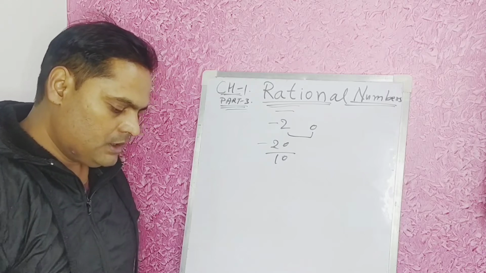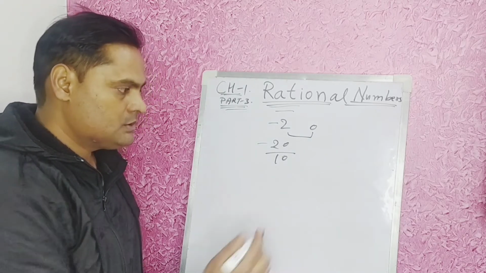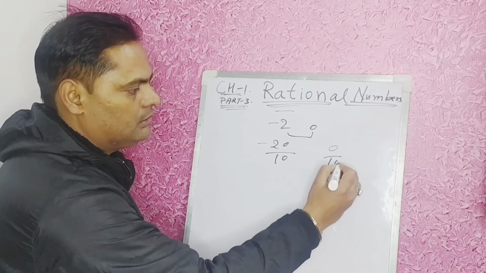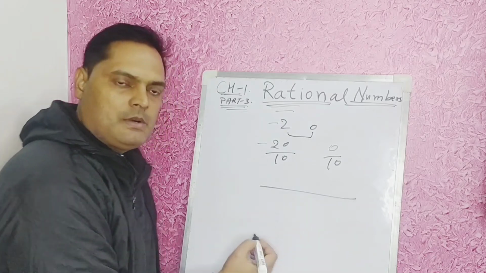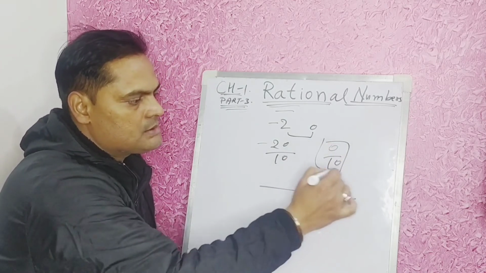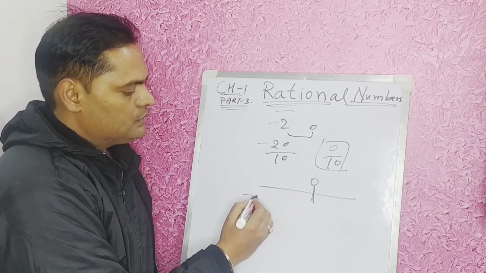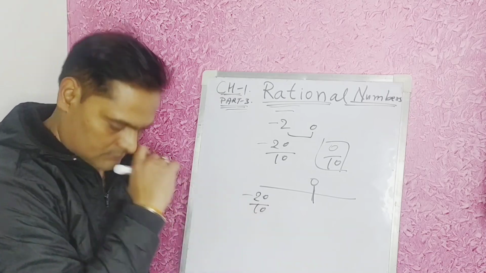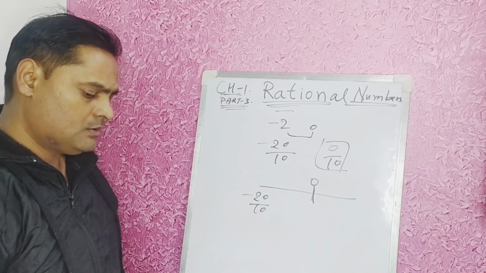Starting from 0, 0 is like 0 by 10. It's very simple. For example, on the number line, I have started from 0, let's consider this is the 0 point, and here I need to go up to -20 upon 10. What do you think?